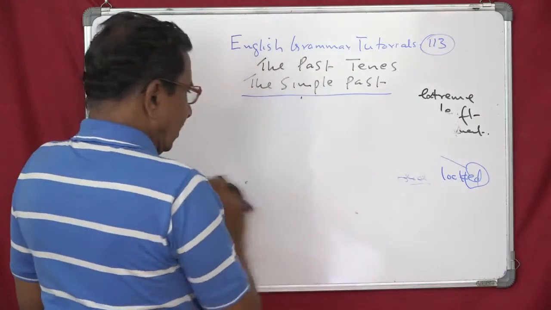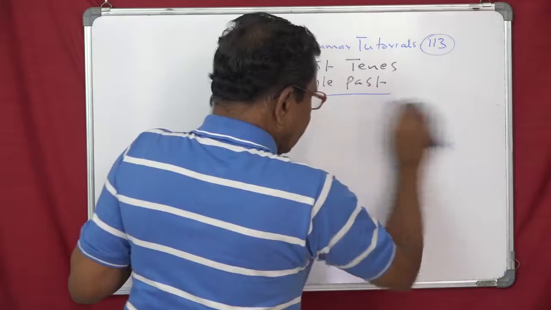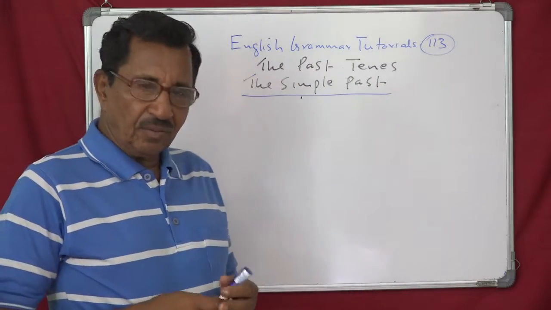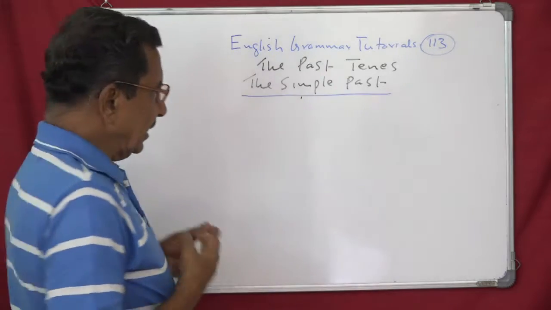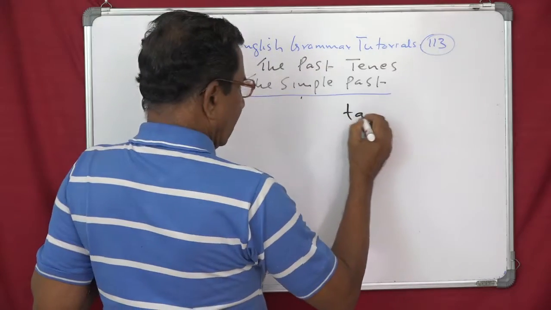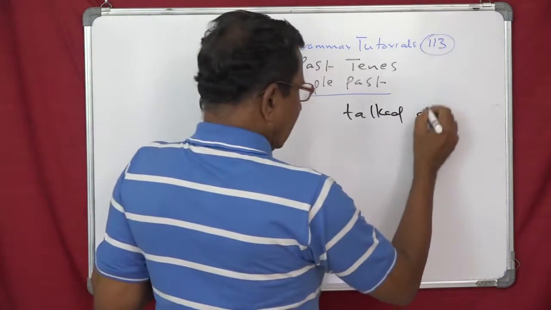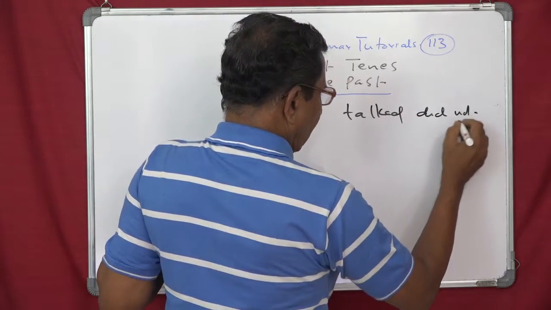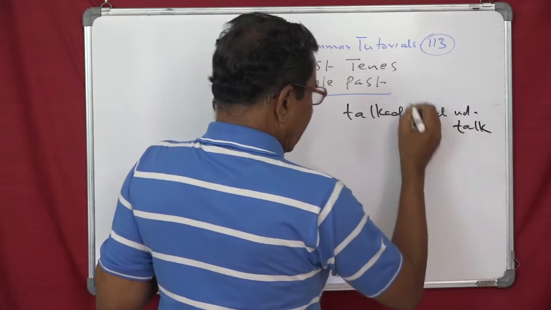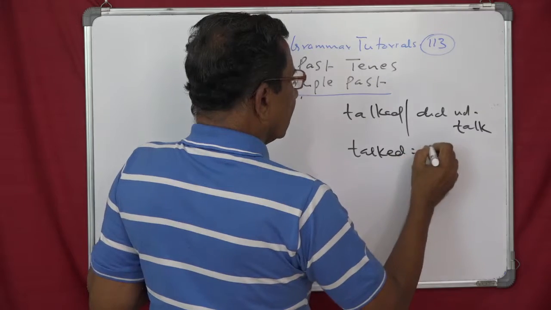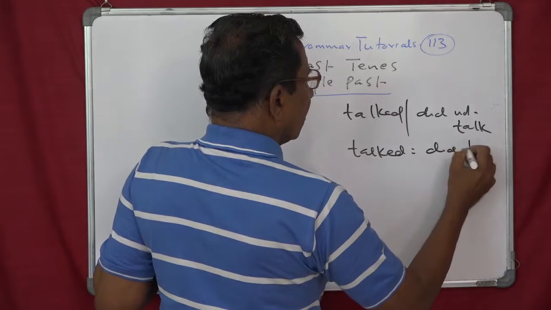Alright. Let's make some negatives now. Then it will become thorough as far as we are concerned. Say talked. Negative will be did not talk. Or we can say talked is equal to did talk.